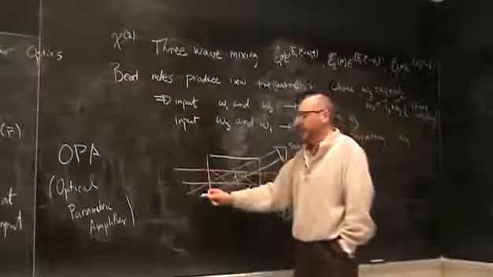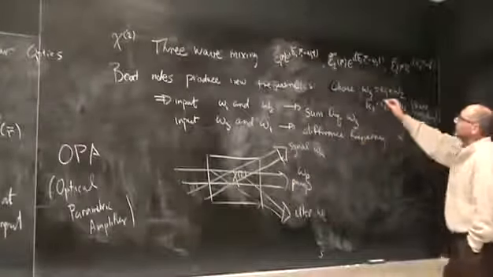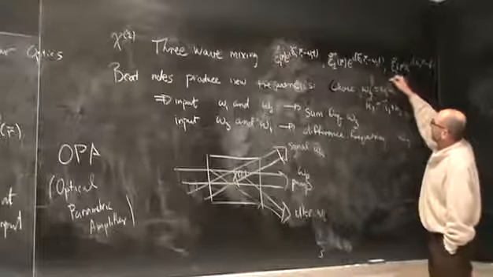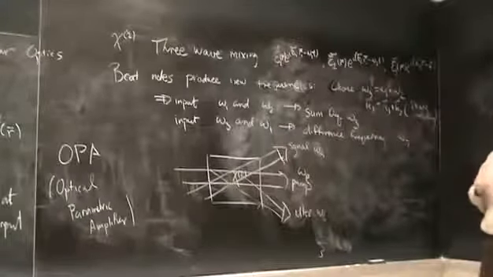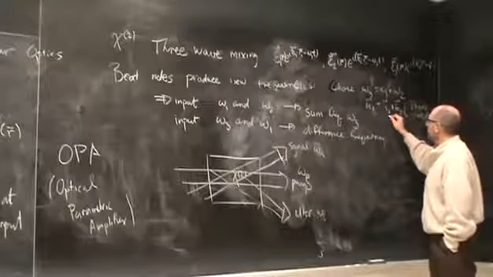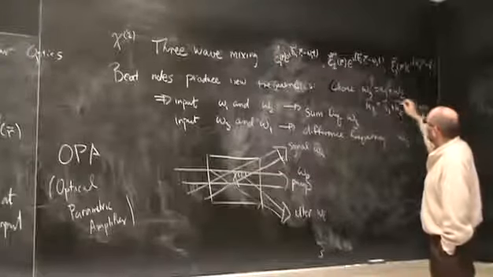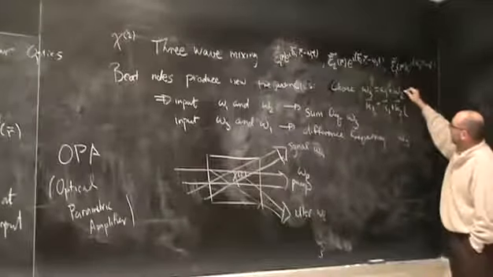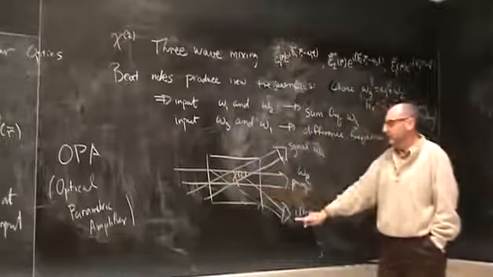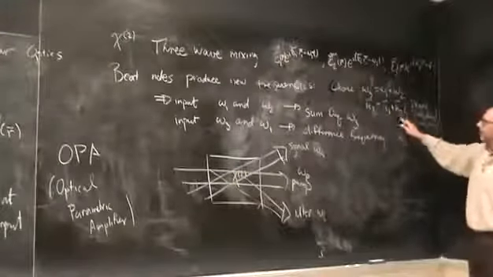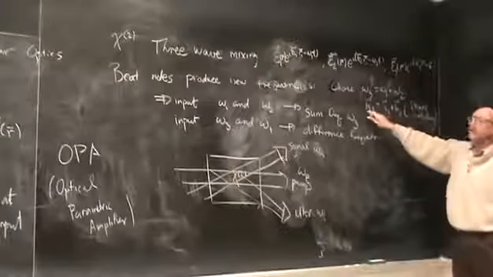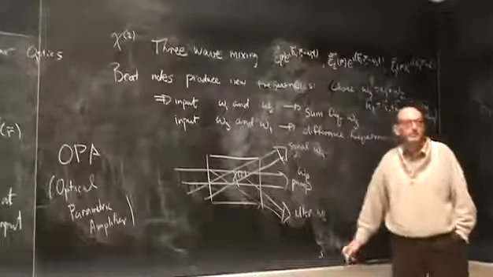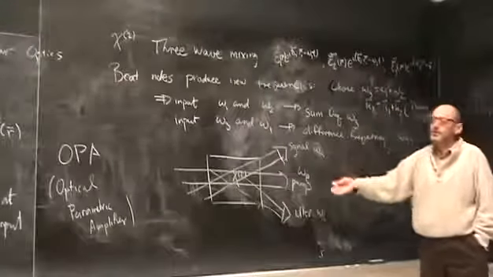So I inject the pump and the signal, and if I satisfy these conditions where omega 3 is now the pump, omega 1 is the signal, and I choose this to be the case, then I will both amplify the signal as well as generate a new wave propagating in the direction ki, which is the difference between k pump and k signal, and whose frequency is the difference between this and this.